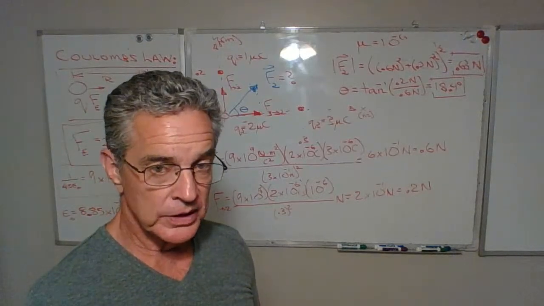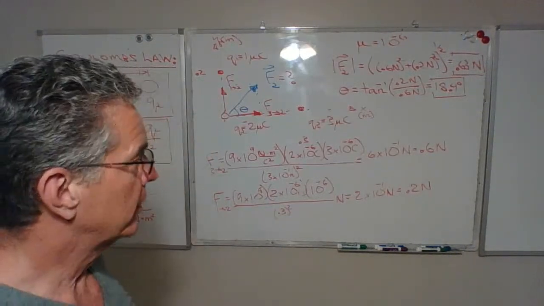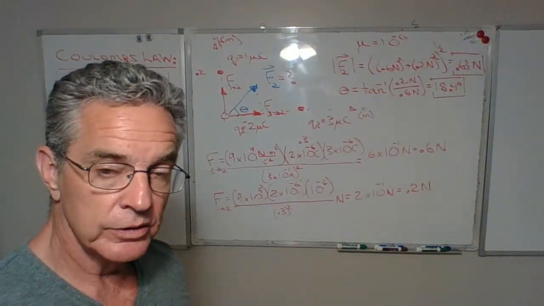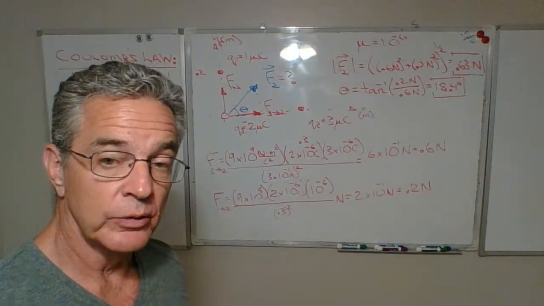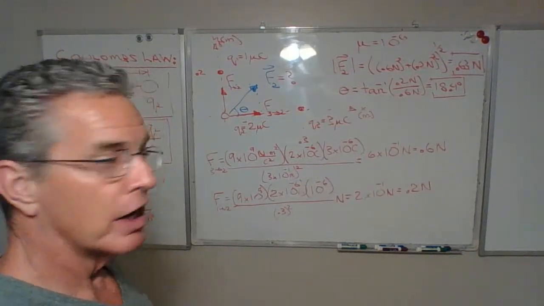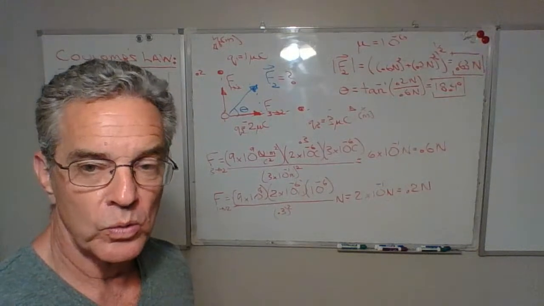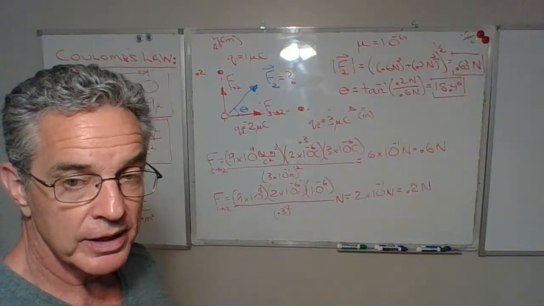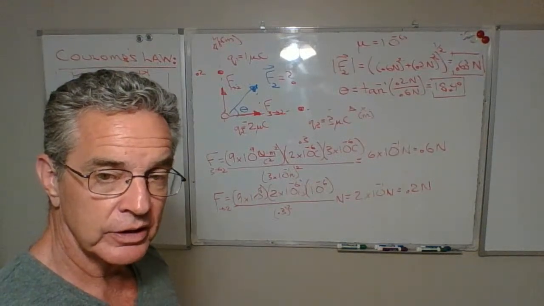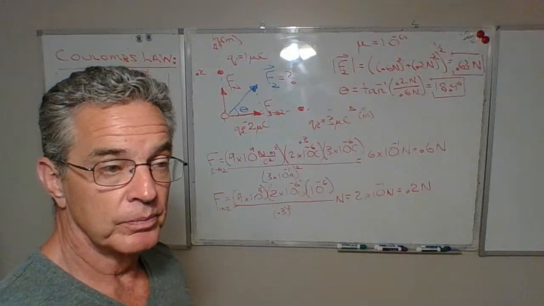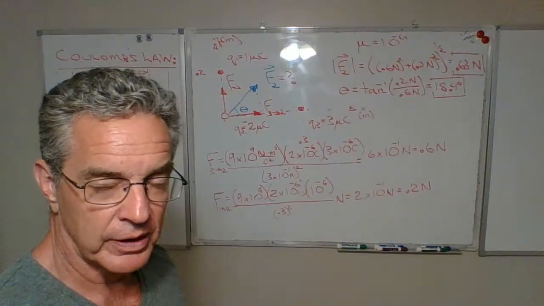Now, if you were given the mass of Q2, then you would be able to determine its initial acceleration at this instant in time. So guess what? Knowing the force, remember, F equals ma, that allows you to determine acceleration, and that eventually allows you to determine the projected path of this thing.